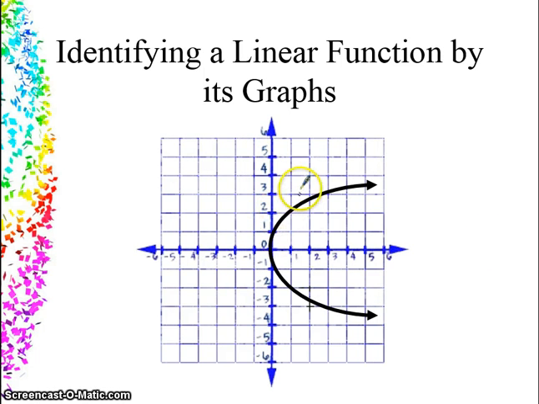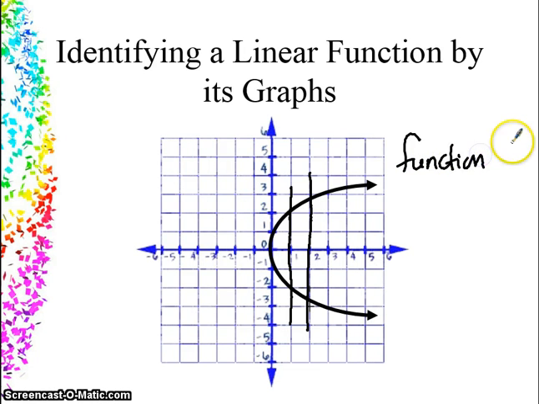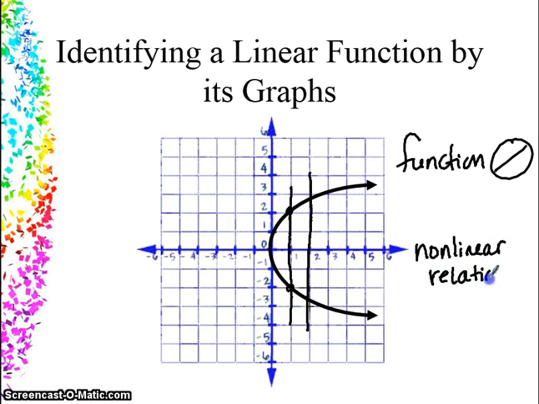Let's look at another example. Is this a function? No, because it fails the vertical line test. We see that our straight lines are touching in more than one location. Therefore, it's not a function at all, and also it's not a straight line. So this is a non-linear relation because it is not a function at all.